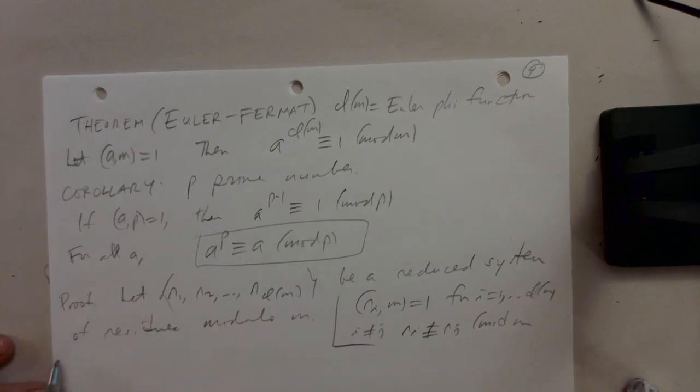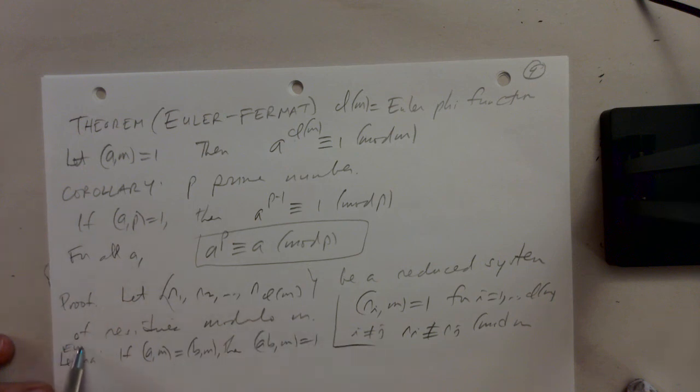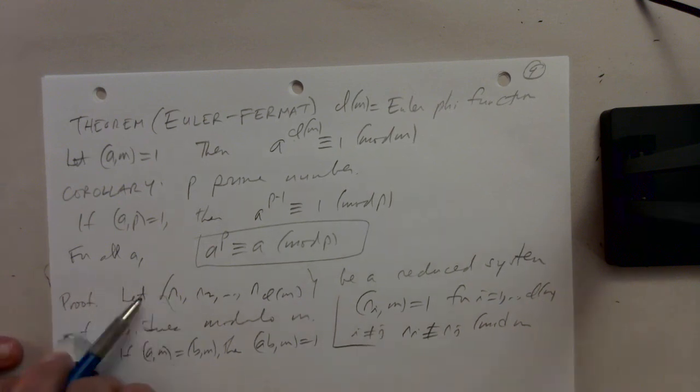So we need to use the following little result I'll call a lemma. If A is relatively prime to M and B is relatively prime to M, then AB is relatively prime to M. This is Euler's lemma. We proved this already. Sorry, not Euler, this is Euclid's lemma.